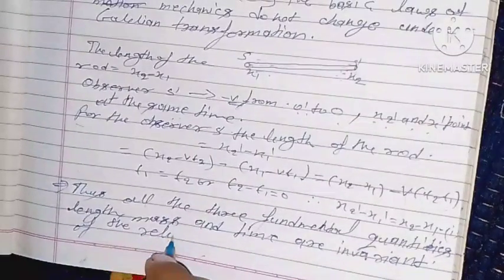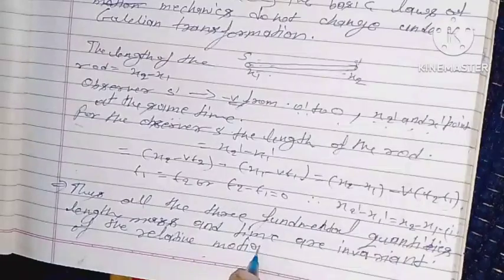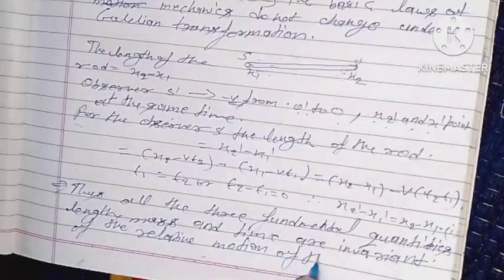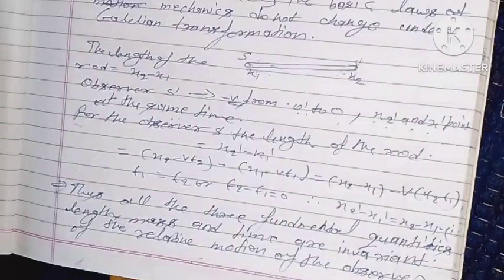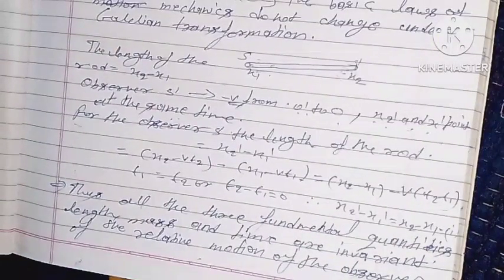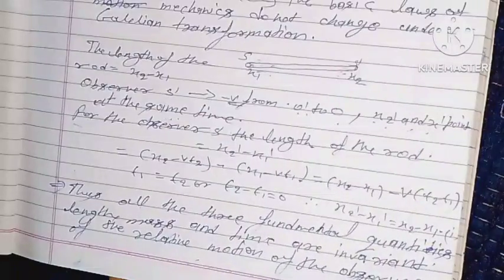This property is known as Galilean invariance.